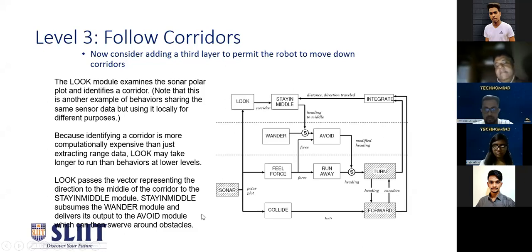Now, when all these three behaviors are running, what we observe is the robot is wandering, and if it comes closer to an obstacle, it will move away, and if it detects a corridor, it will go through the corridor. It is quite a powerful behavior when we have all these three running. Now, in software, these three are independent. These are usually implemented as three independent software components. So if one stops working, the others will still be running, right?